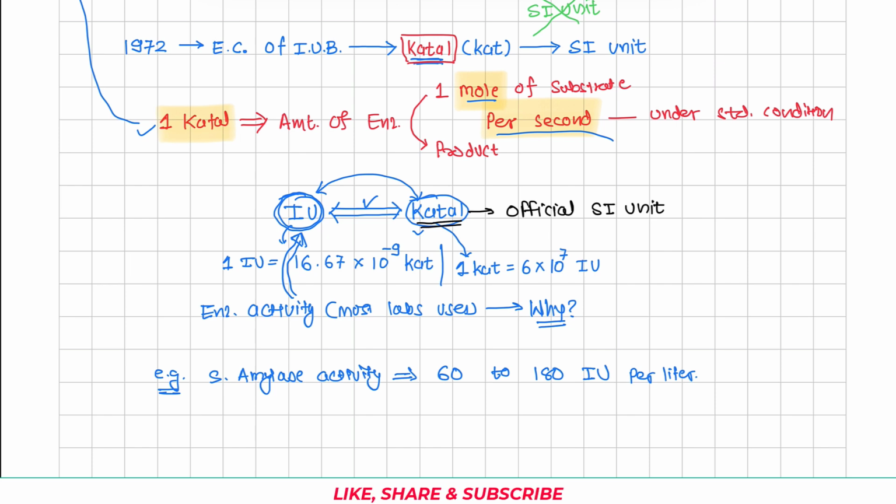Let's convert it to Katal. To convert this, we can utilize any of these relationships. It's simple mathematics. To convert 60 international units to Katal, we can use this relationship. We just have to multiply 60 with 16.67 × 10^-9, and the calculation will give us 0.000001 Katal.